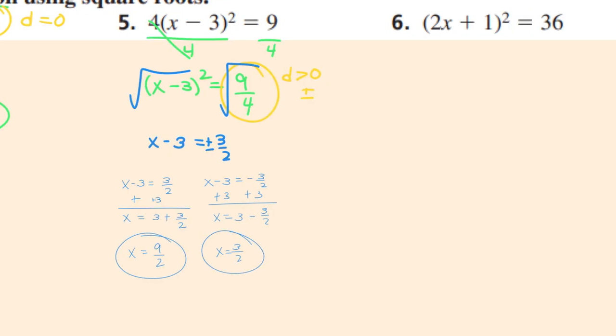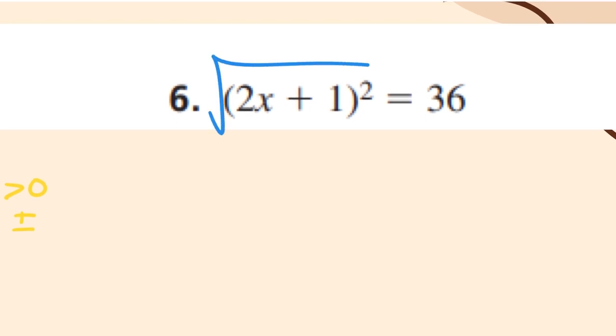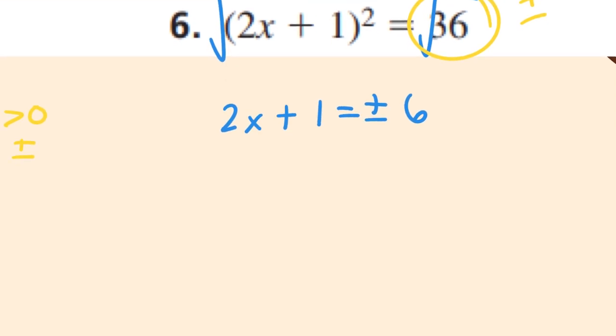In number 6, I can square root it right away. So I'm going to have 2x plus 1. And we know that D is greater than 0, so we have a plus or minus 6. So I'm finally going to make two equations. 2x plus 1 equals 6. 2x plus 1 equals negative 6.